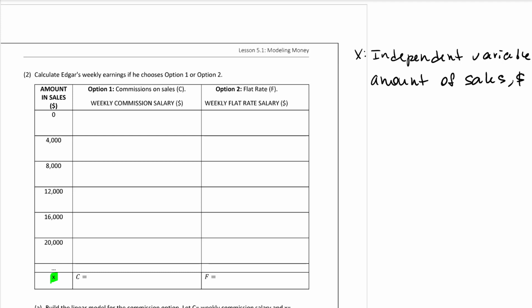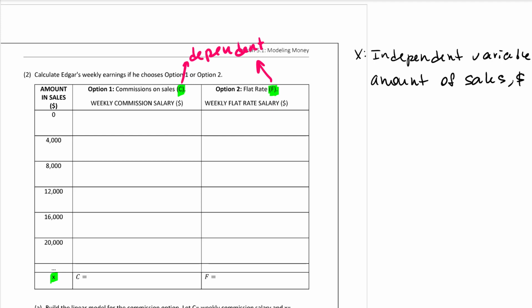The output is going to be 2 different variables. One is C, which is commission on sales, while the other one is F, a flat rate. Those 2 variables are dependent, because they depend on the amount of sales one would make.